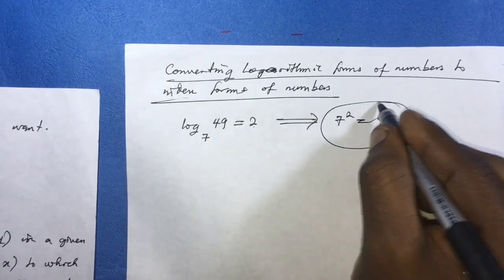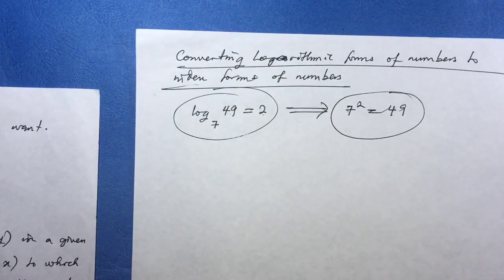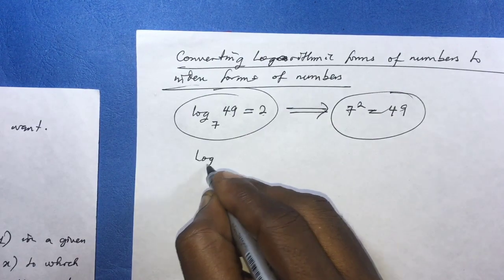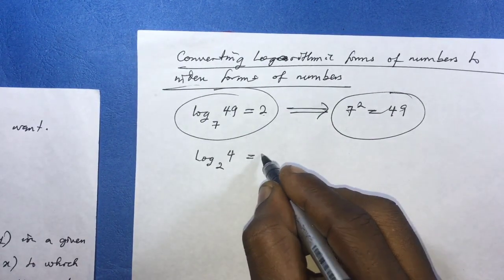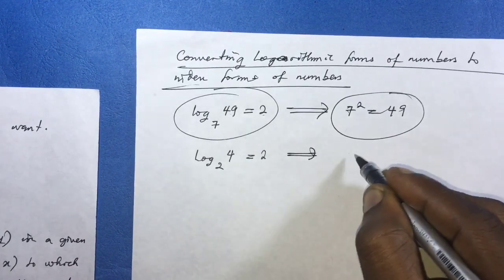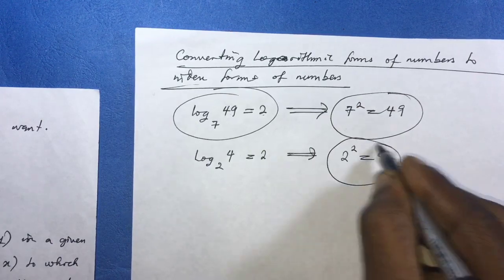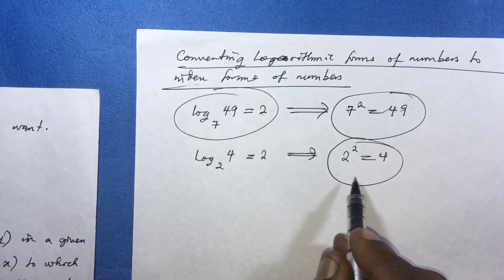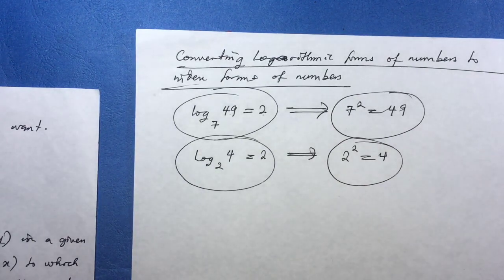So this is the index form, this is the logarithmic form. Now let's go over again to the number 4 in base 2. The logarithm of 4 in base 2 is 2. Again, that is because 2 raised to power 2 is equal to 4. So 2 raised to power 2 equals 4 is the index form corresponding to this logarithmic form.